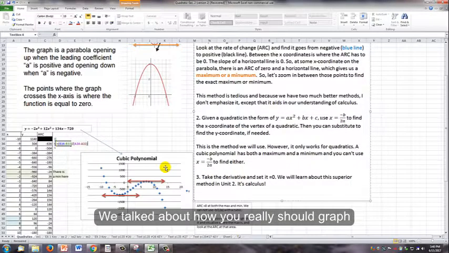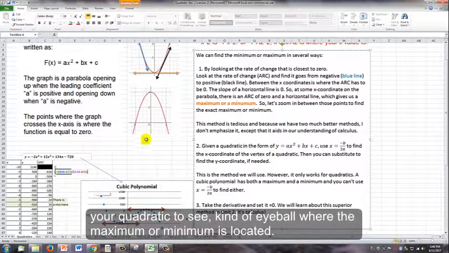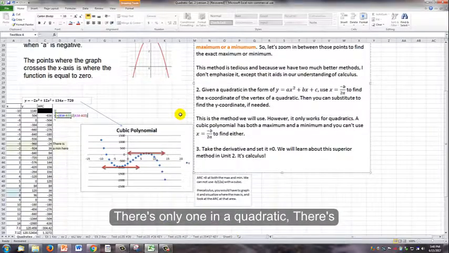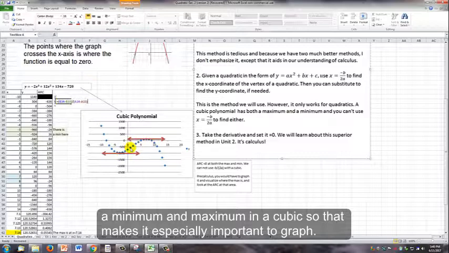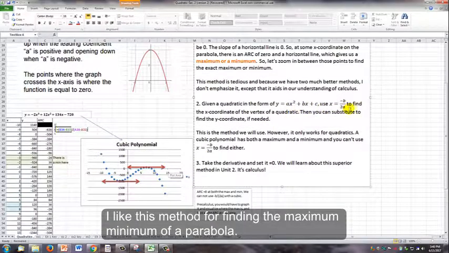We talked about how you really should graph your quadratic to eyeball where the maximum or minimum is located. There's only one in a quadratic. There's a minimum and a maximum in a cubic, so that makes it especially important to graph. I like this method for finding the max or the min of a parabola.